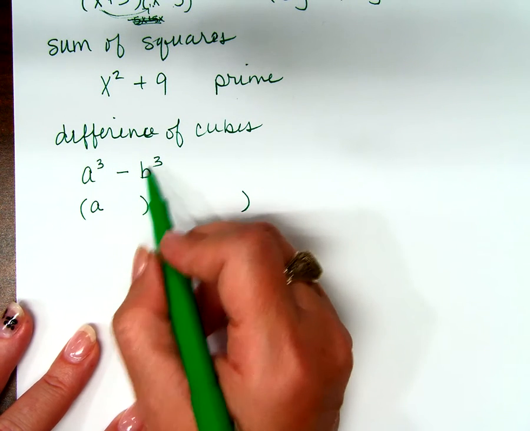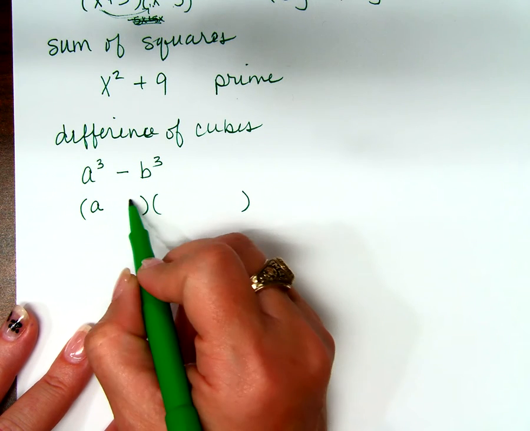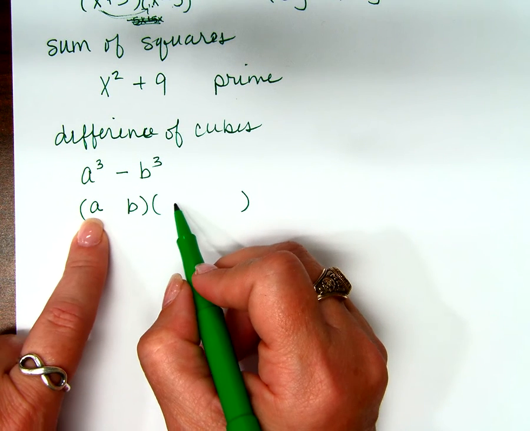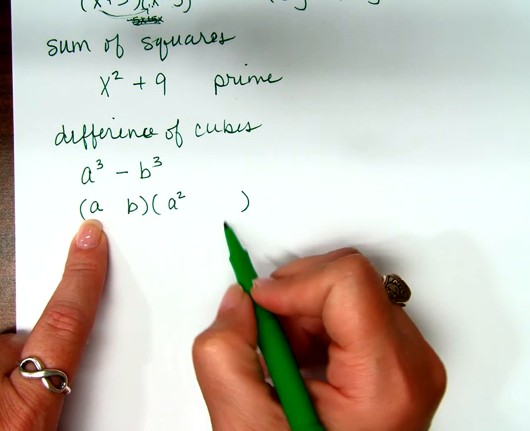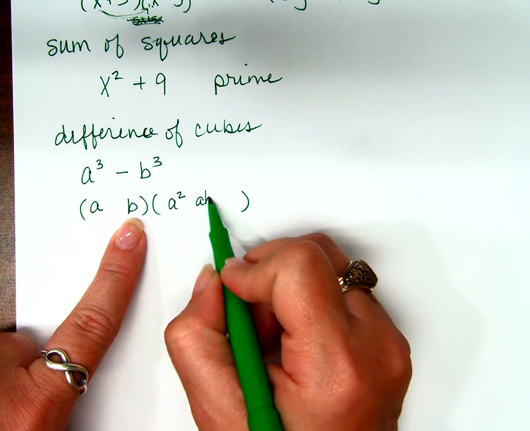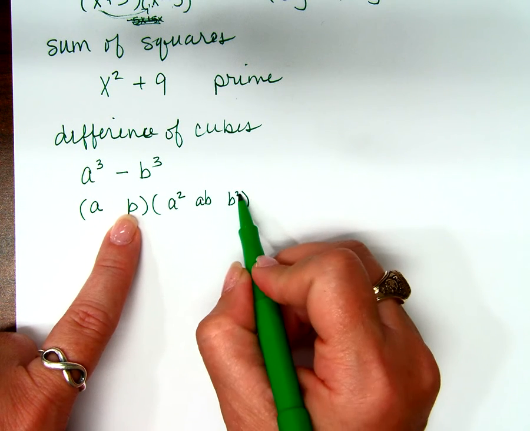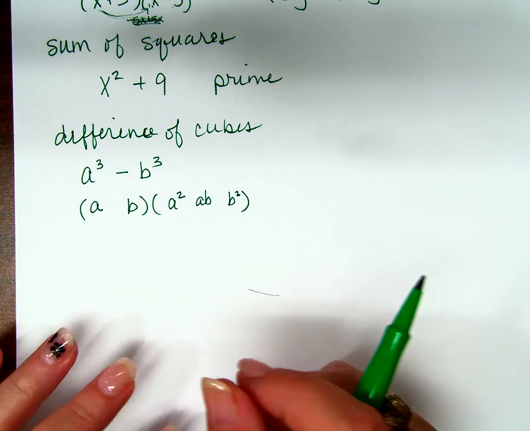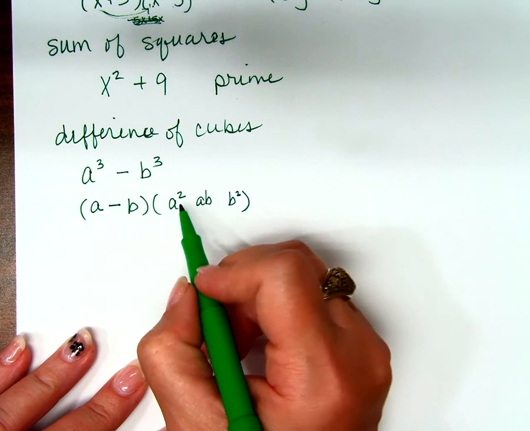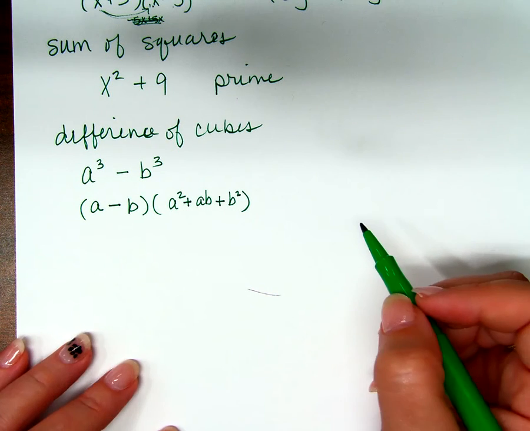For the second term in the binomial, I get the cube root of the second term. The first term in the trinomial is this term squared. The second term in the trinomial is this term times this term. And the third term in the trinomial is this term squared. And all that's left to put is the signs. The binomial is the same as the problem. The next one is opposite of that. The last one is always plus.